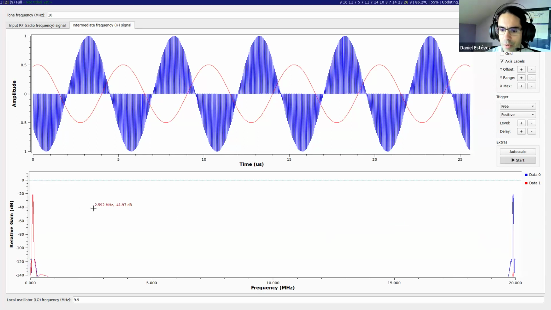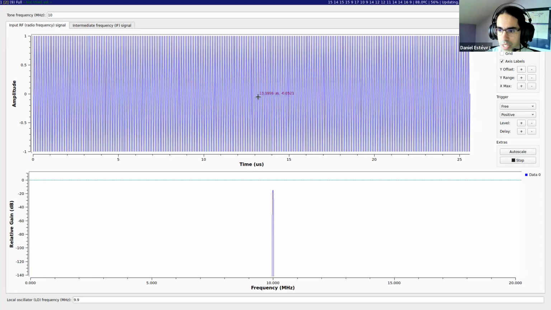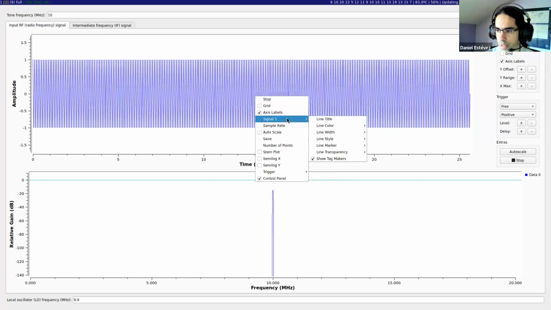So we have removed this high frequency signal, and we have the low frequency signal here. And then the reason I've been moving this frequency down is because let's think about the RTL SDR. It has an analog to digital converter, an ADC, which is basically doing the same as here.